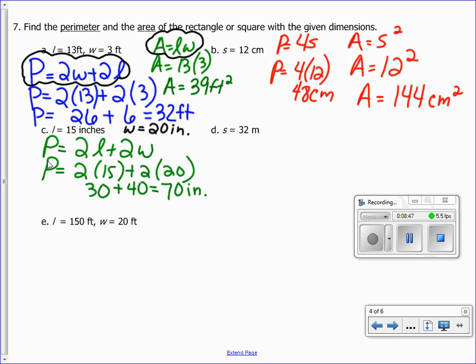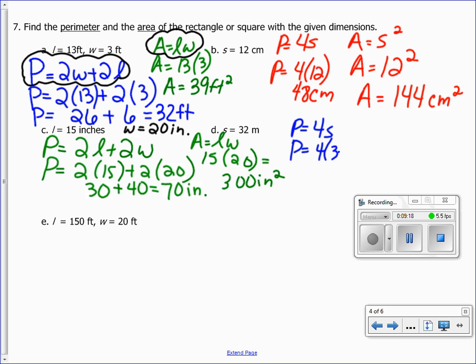The area, length times width, inches squared. Okay, notice in D that it's going to be a square, so we're going to use our formula. P is equal to 4 times 32, which is going to equal 128 meters.